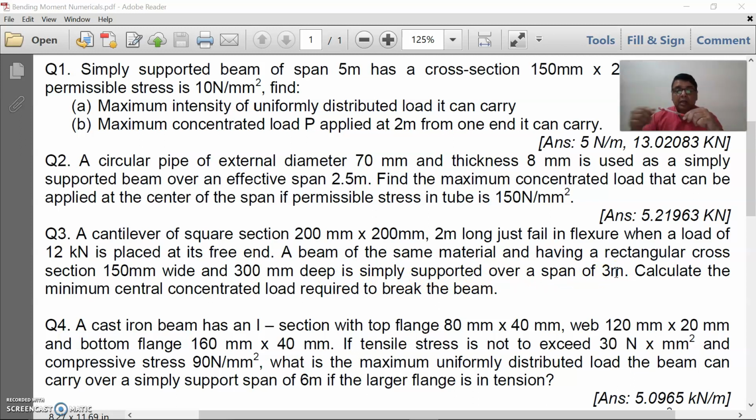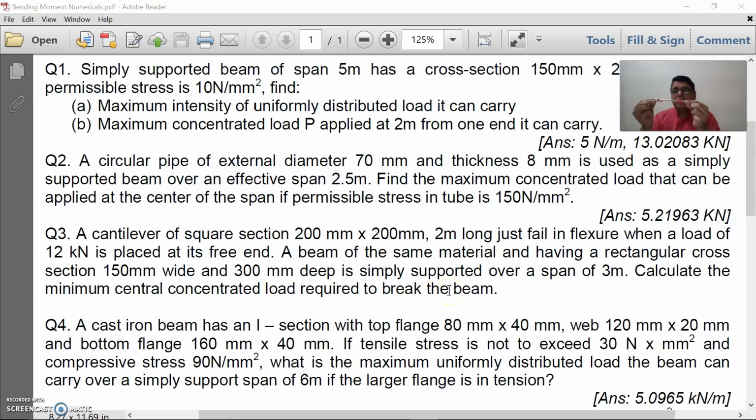Now, same material beam, but this time its rectangular cross section is 150 mm by 300 mm, where 300 mm is vertical and 150 mm is the width, right? It is simply supported over a span of 3 meter. Now he is asking, calculate the minimum central concentrated load required to break the beam.